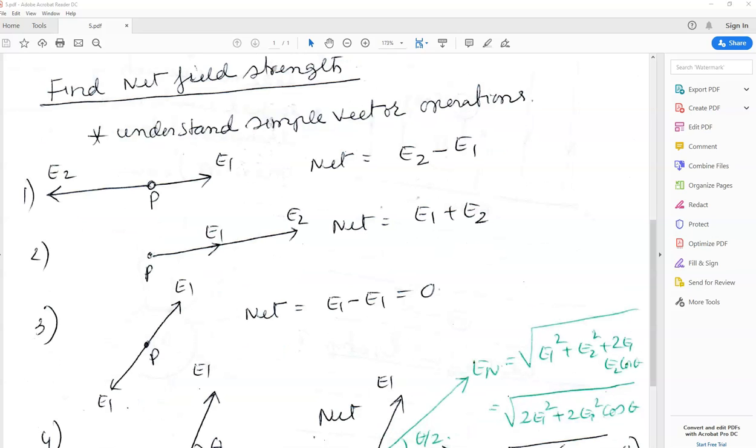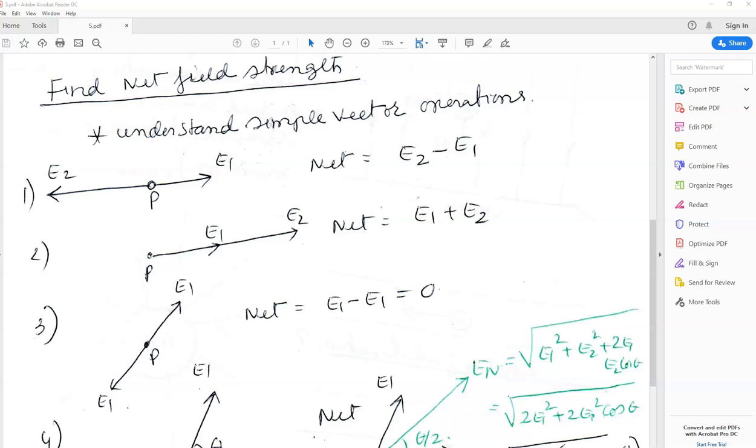Now because gravitational field is a vector quantity, you have to know some simple vector arithmetic. There are many questions that need background knowledge of vector arithmetic. So I have got two vectors here, E1 and E2.